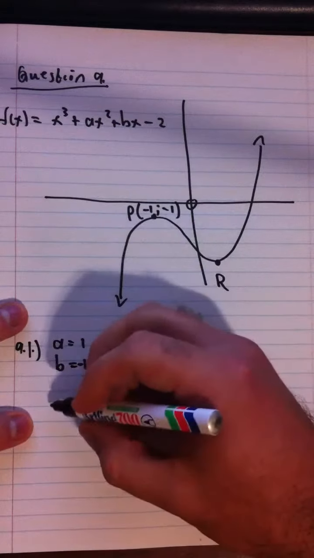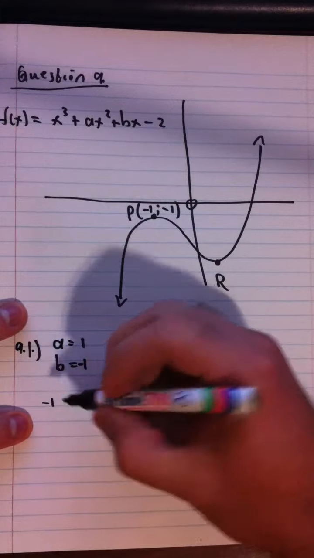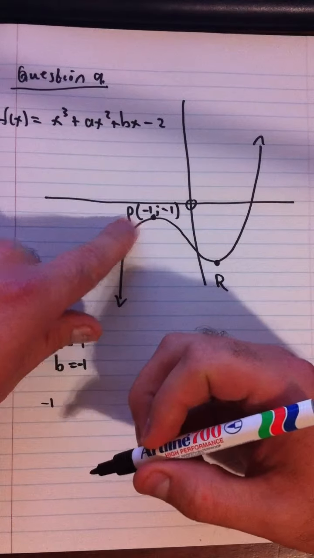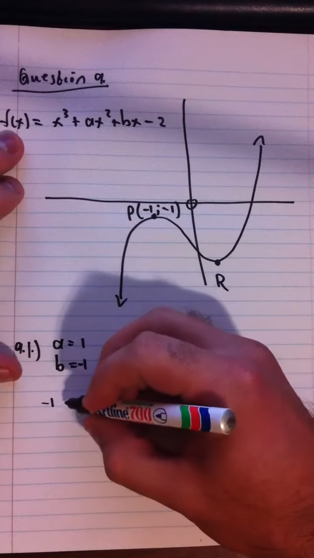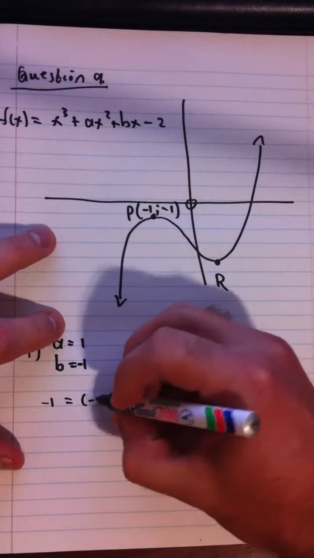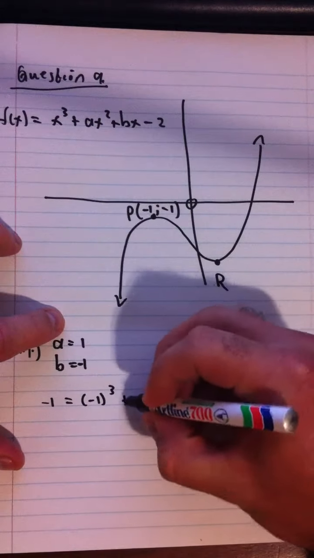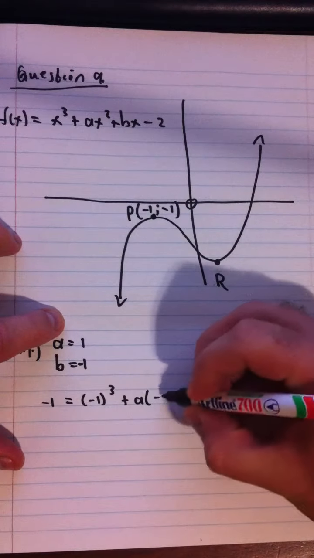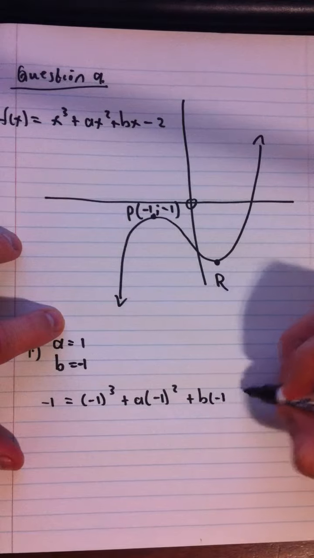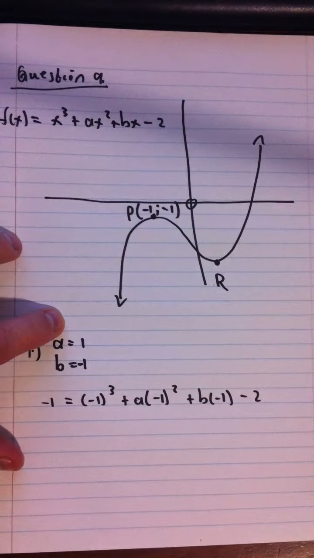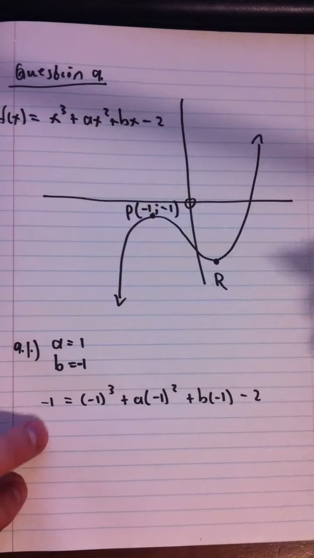So let's do that. We'll say negative 1 is our y value, and negative 1 is our x value as well. So negative 1 equals negative 1 cubed plus a times negative 1 squared plus b times negative 1 minus 2. And we'll simplify this a little bit.